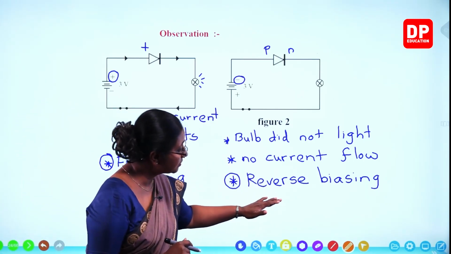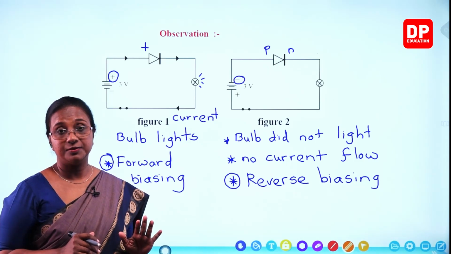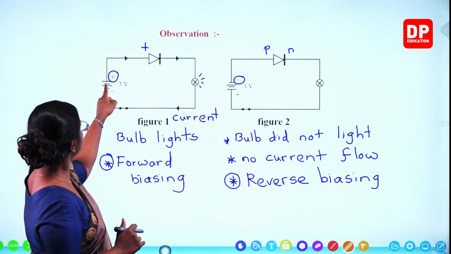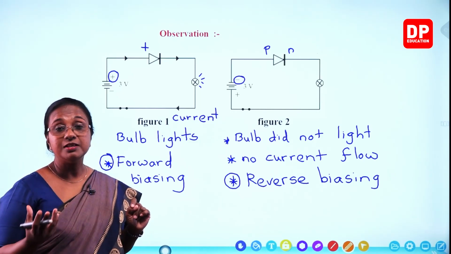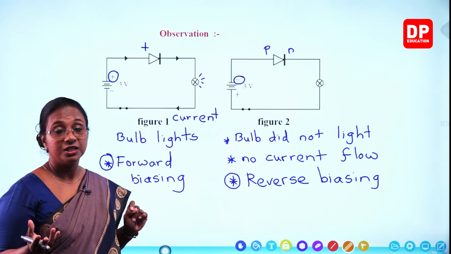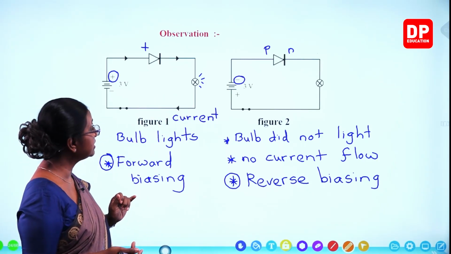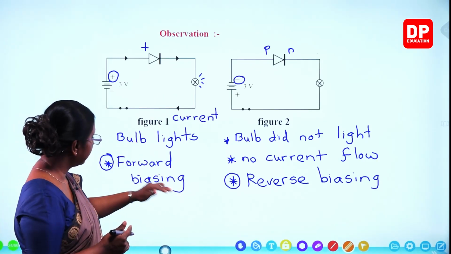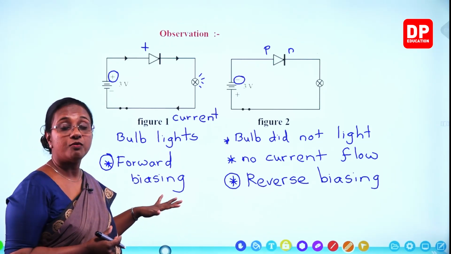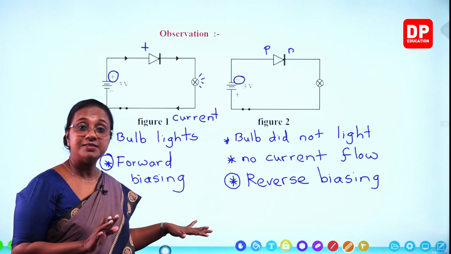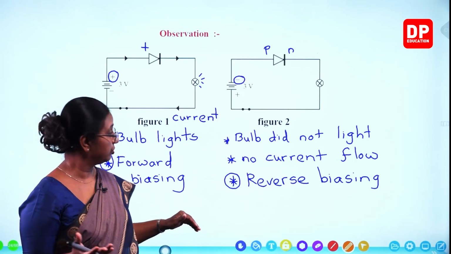If it is reverse biased, it will not allow the current to flow through it. Here the positive terminal is connected to the P region of the PN junction. Then there is current flow, that is why you see the bulb light, and that type of biasing is known as forward biasing. Forward biasing of a PN junction allows the current to flow through it.